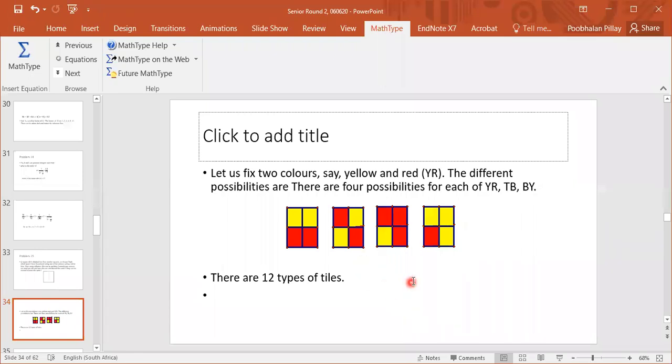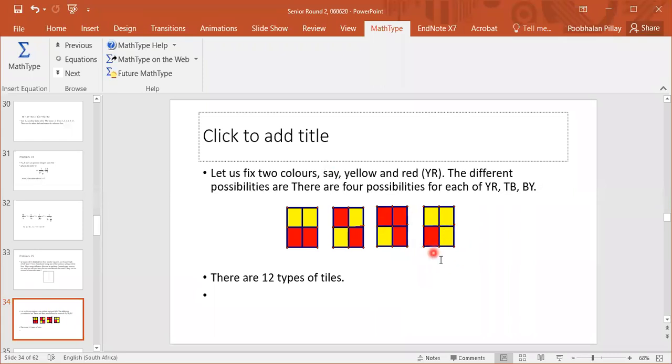you start by saying, suppose we use only 1 red. Now, if I use 1 red, I am looking at this part here, then it'll be 3 yellows.